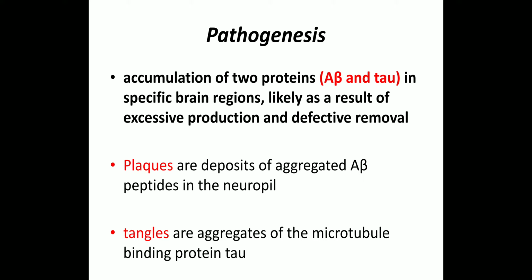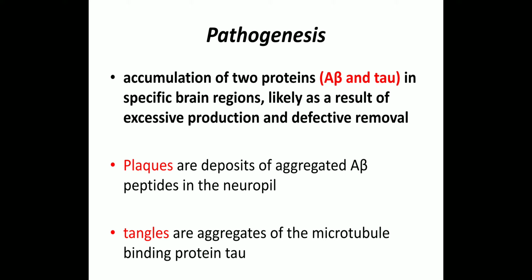How are they formed? They are formed as a result of excessive production of these abnormal proteins and also defective removal of these proteins. In all our bodies, defective genes and defective proteins are formed on a regular basis. But in normal individuals, what happens?